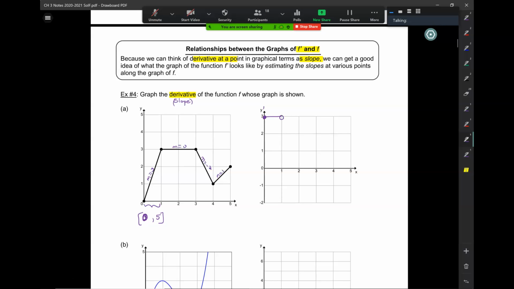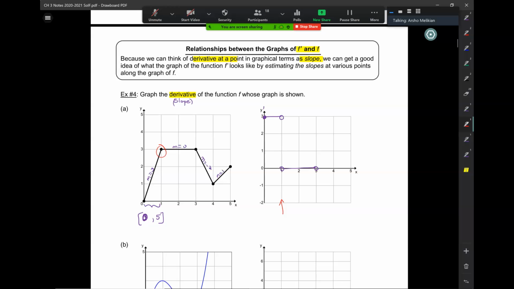All right? Now, my next slope is on the interval of 1 to 3. I have a slope of 0. Open circle, open circle. The circles have to be open in the middle, where one segment leaves and the other one starts, because right at x equals 1, I don't know what the slope is.